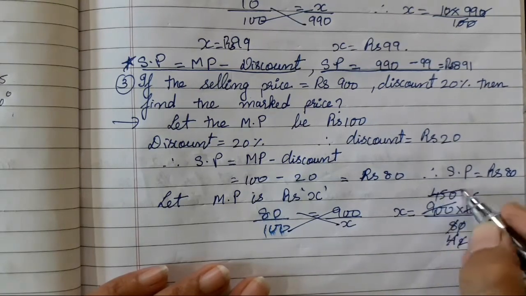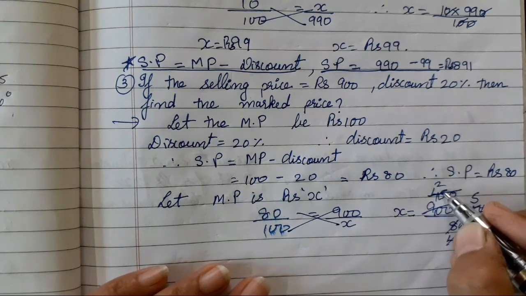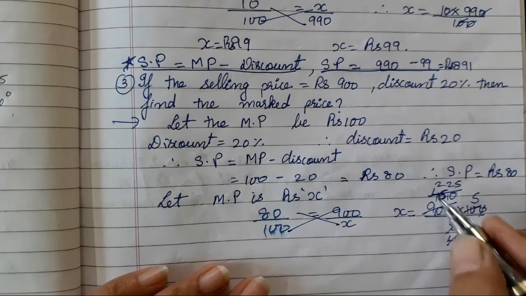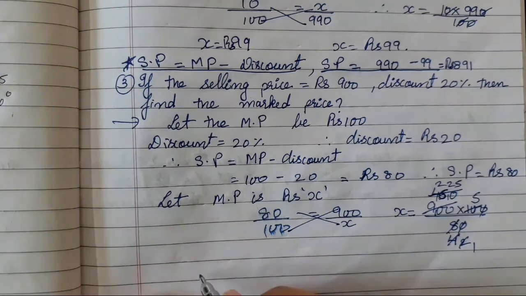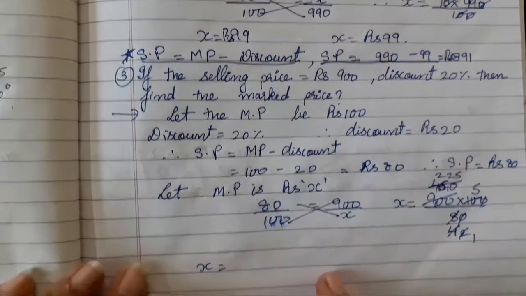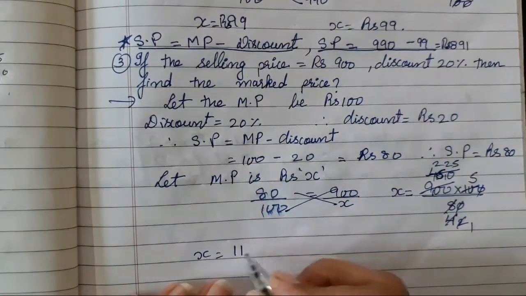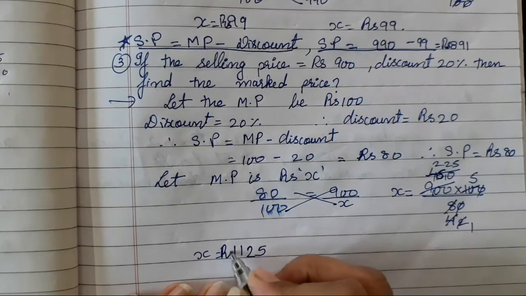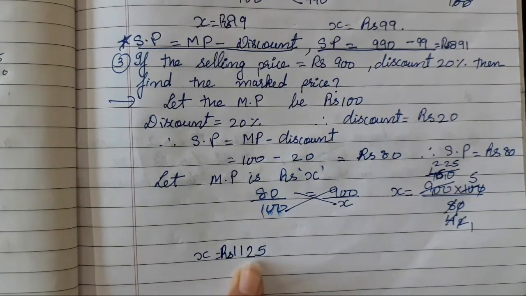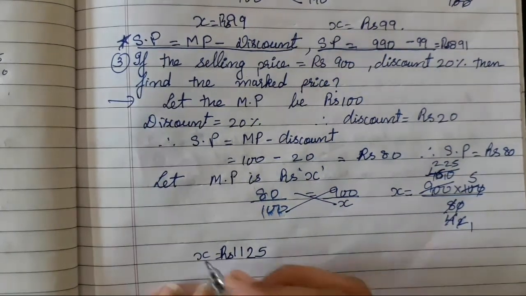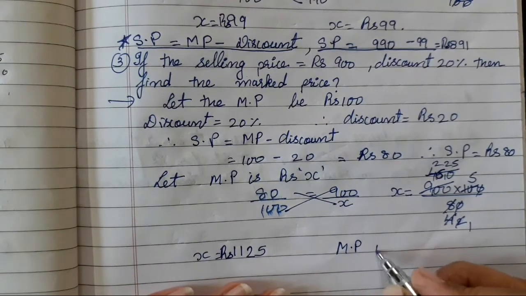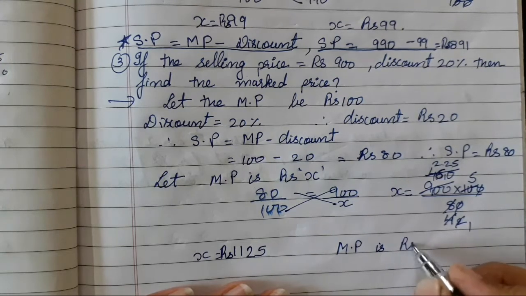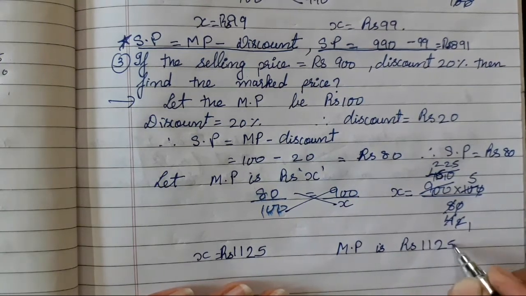We get 225 multiplied by 5, so X is equal to 1125 rupees. That means the marked price is rupees 1125.